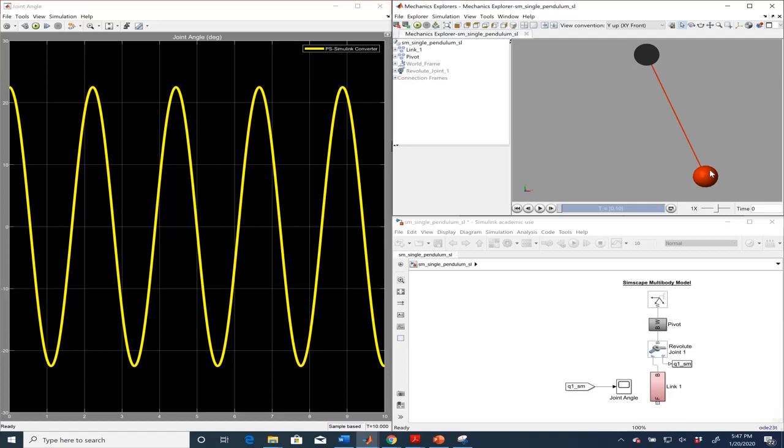Now, if this little pivot point up here that this is connected to is really loose, in other words, there's not much friction there, this ball is going to go from having a lot of potential energy to a lot of kinetic energy, and then it's going to reach a stopping point on the other side.